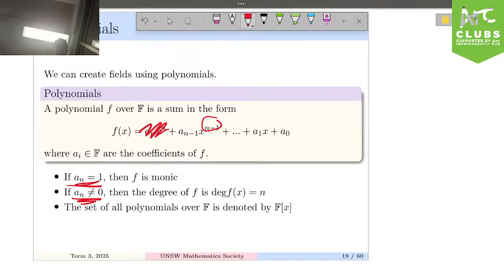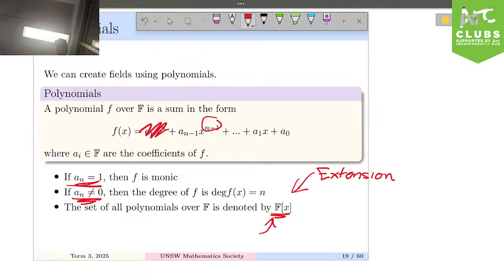And the set of all polynomials over F is denoted by F and then these square brackets x. This is what we call, and maybe someone will correct me because I'm only a mere physicist, a field extension. It says, okay, we have our field elements. These are our scalars, right?